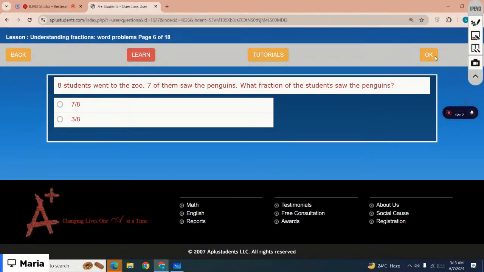Eight students went to the zoo. Seven of them saw the penguins. What fraction of the students saw the penguins? So which is the correct option?